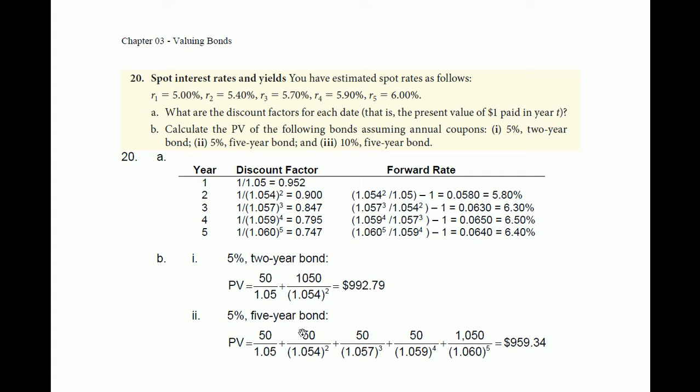And this is for the 5-year bond, each year's coupon, and the last year principal repayment plus the coupon. For the 2-year bond, the price is 992.79, and for the 5-year bond, the price is 959.34.